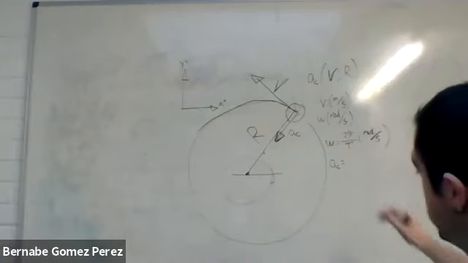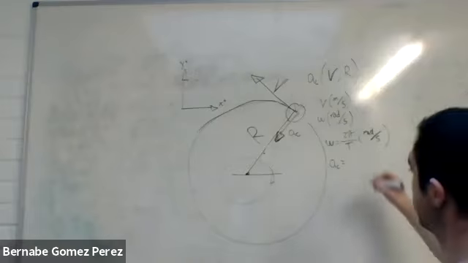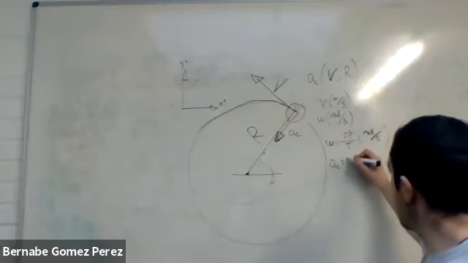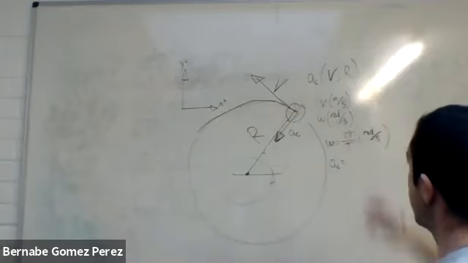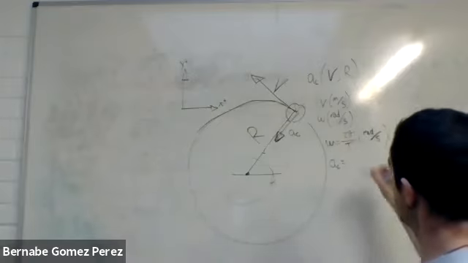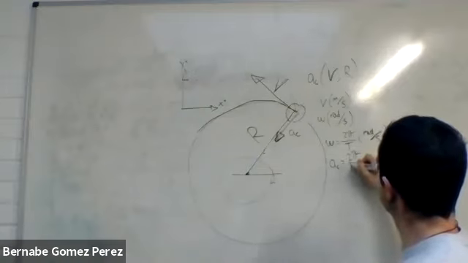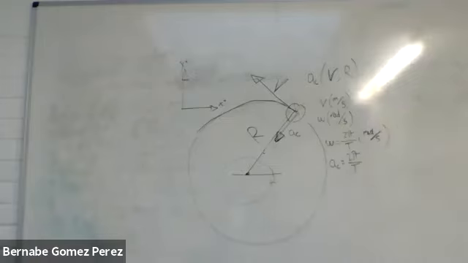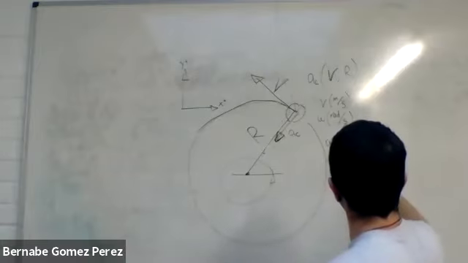This centripetal acceleration is a function of the angular frequency, well, of the velocity and the radius, right? I think that's the formulation. Let me check again. Oh no, it's w squared r. Okay. Is that okay?